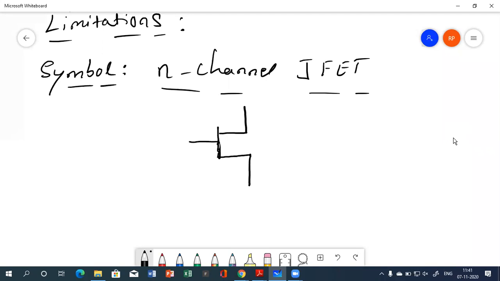Okay, here the arrow mark indicates whether it is an N channel or P channel JFET. Now I will write neatly so that we can see it properly. Just wait a second.